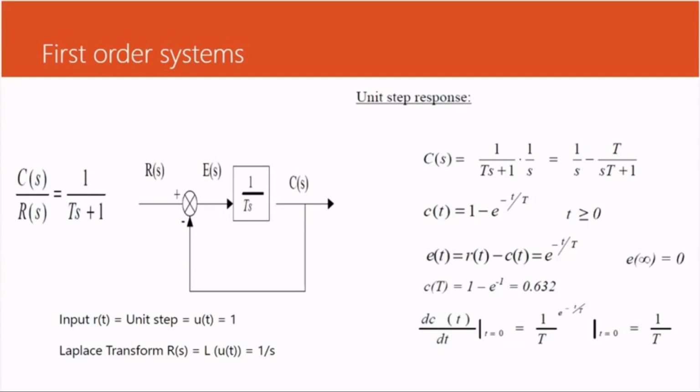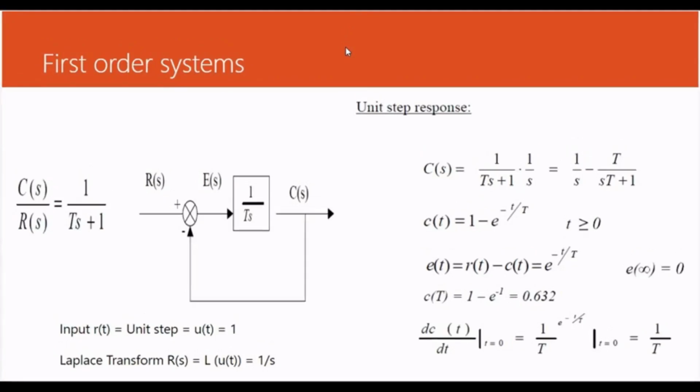Okay? So the input R of T, which is equal to your unit step, is equal to U of T, which is equal to 1. The Laplace transform of R of S is equal to the Laplace transform of function U of T, which is equal to 1 over S. Okay, so upon solving that using unit step response, you need to consider the transfer function C of S over R of S being multiplied to the Laplace transform value of the unit step.